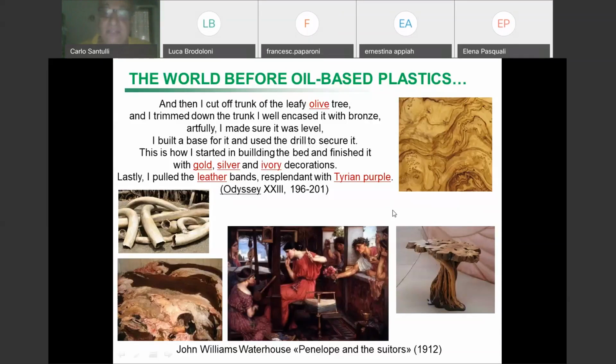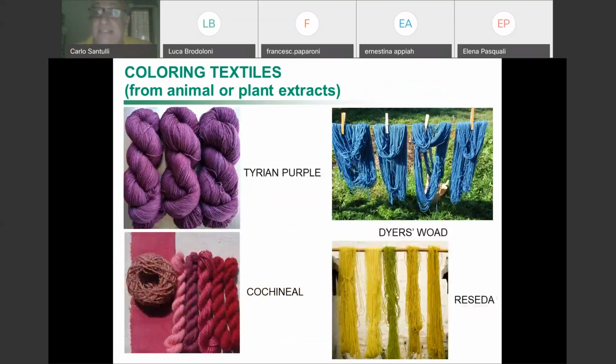And this is another big theme of material science, which is articulated in a number of possibilities and challenges. For example, textiles. You may have heard that the textile industry is one of the most polluting industries, especially because of microplastics, because most of the textiles we use now are polyester.